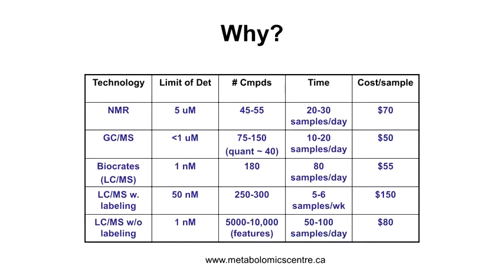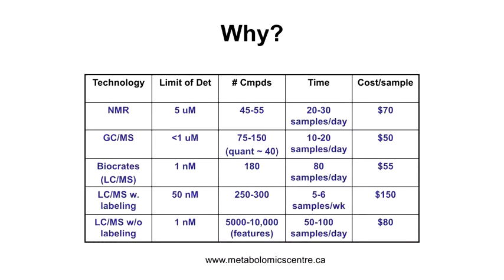And this is essentially a comparison between them, and I think we saw this before, but these are the differences between NMR and GCMS and LCMS. The limits of detection are in micromolar, whereas in MS instruments it's nanomolar. Number of compounds, 50, 60 for NMR, but it's up to several hundred with mass spec.